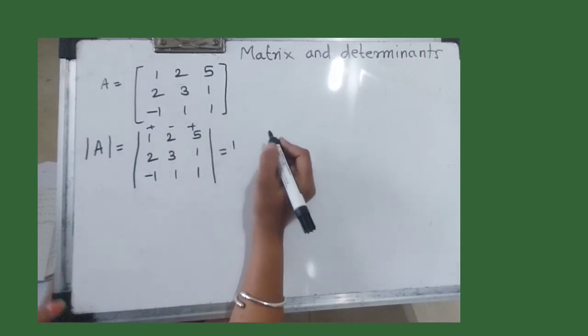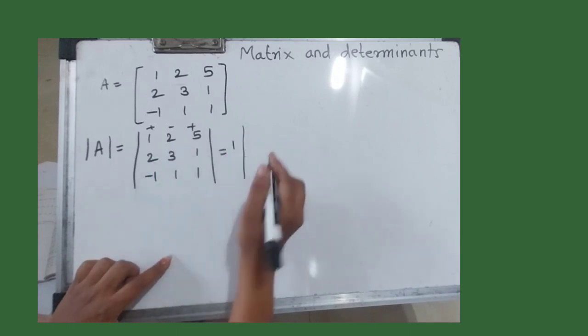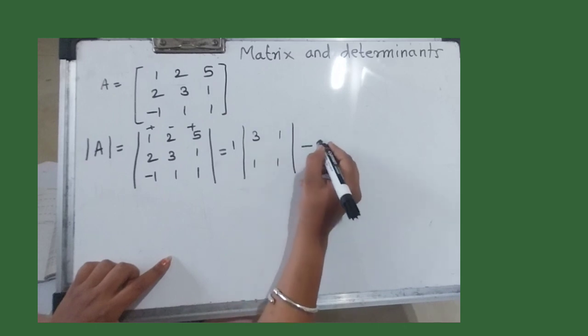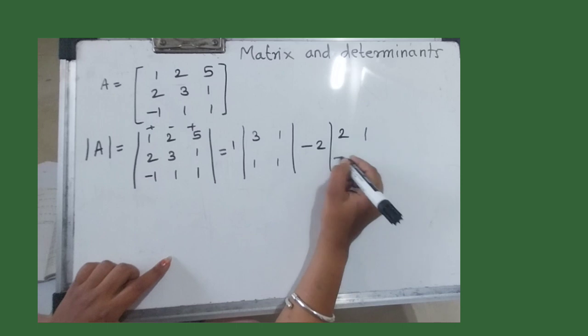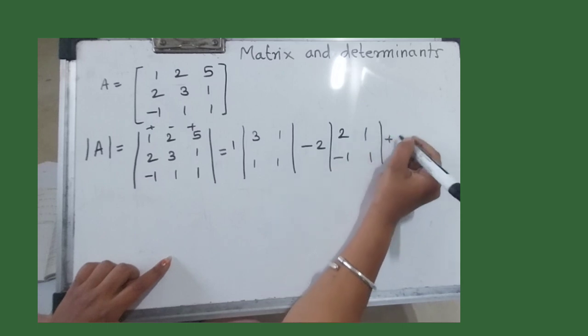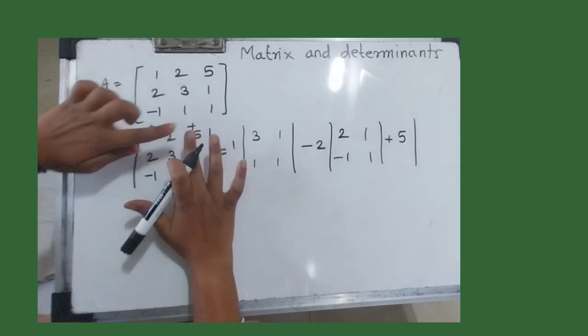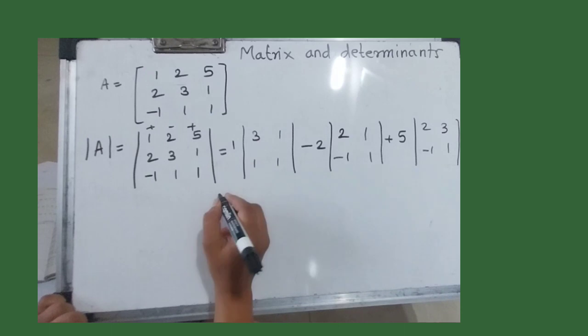1 into, I write here, 3, 1, 1 1. Minus 2 into, 2, 1, minus 1, 1. Plus 5 into, drop this column, drop this row, 2, 3, minus 1, 1. Clear?